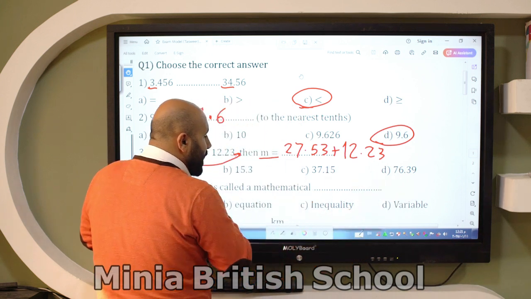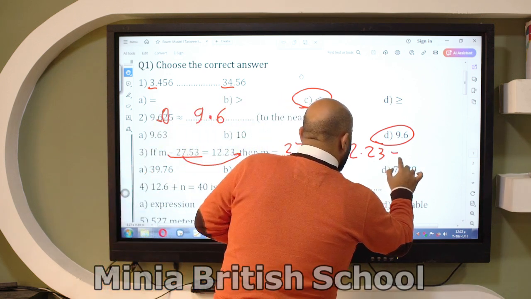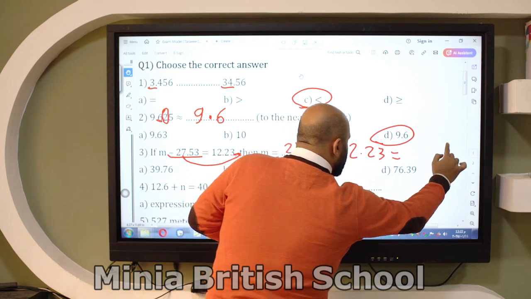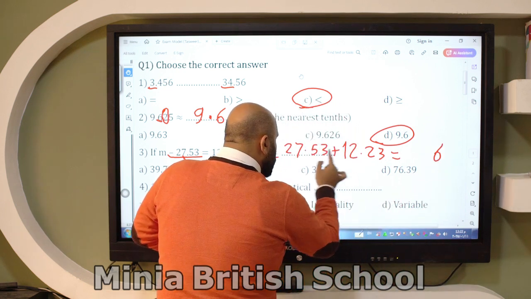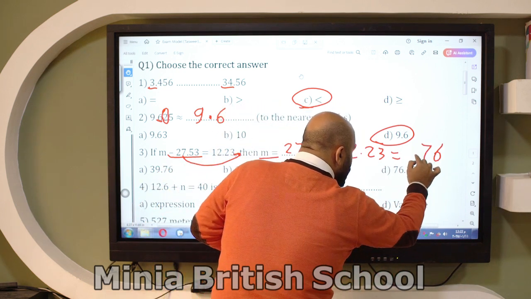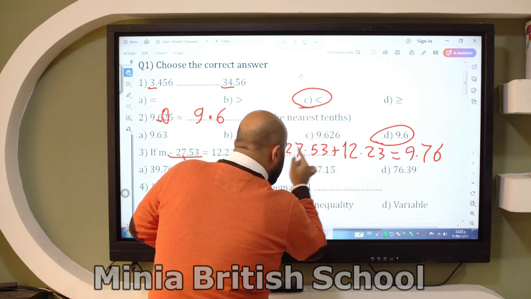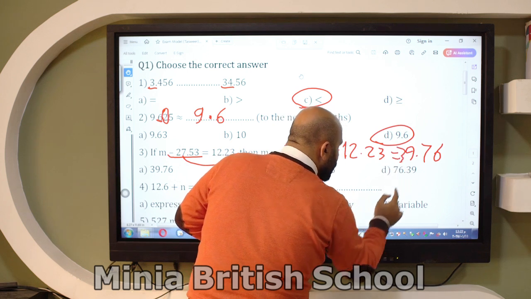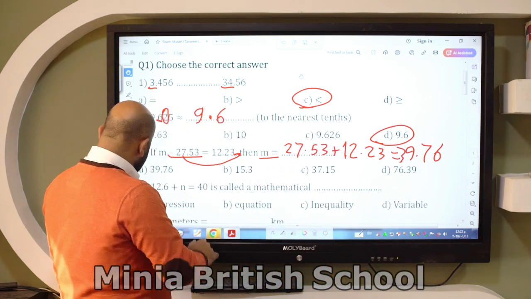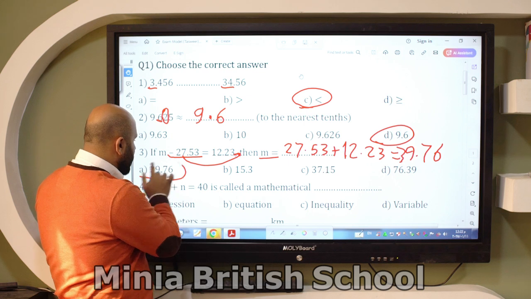Let's add them together. 3 plus 3 equals 6. 2 plus 5 equals 7. Don't forget the point. 7 plus 2 equals 9, and finally 2 plus 1 equals 3. So it will be 39.76, and here is choice A.